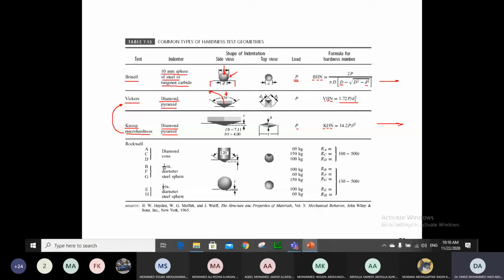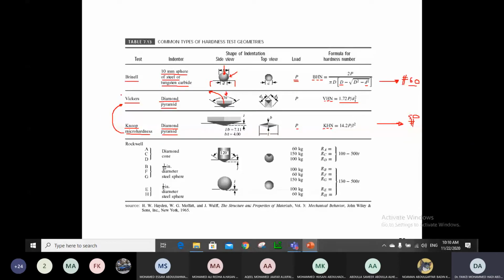Let's say this was 60, and this was given to me as 50. Can I compare these numbers and say this is 60 and this is 50, so the material here is harder than that material? Can I do that? Can I compare them? Why not?